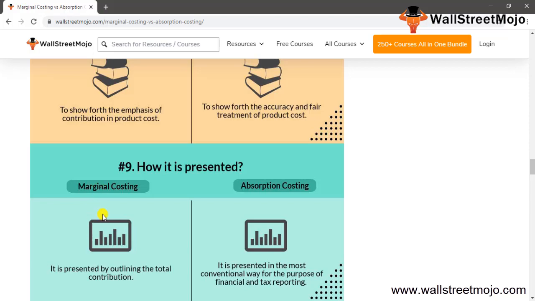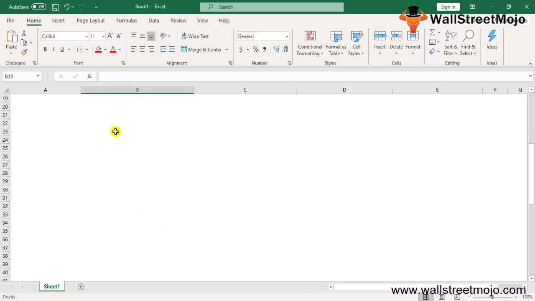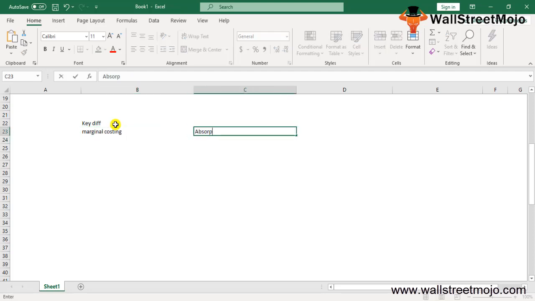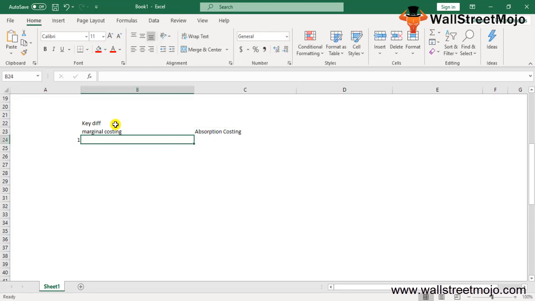Let's understand some of the key differences. I'll write marginal costing and absorption costing. Marginal costing does not take fixed costs into account under product costing or inventory valuation.